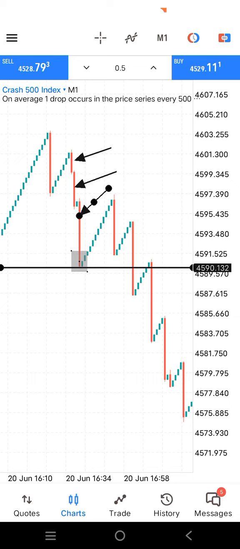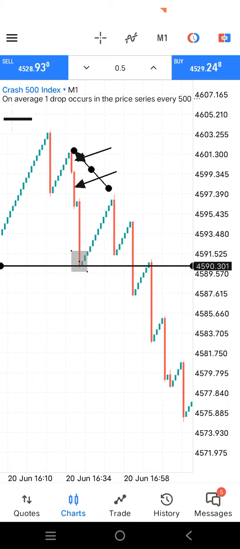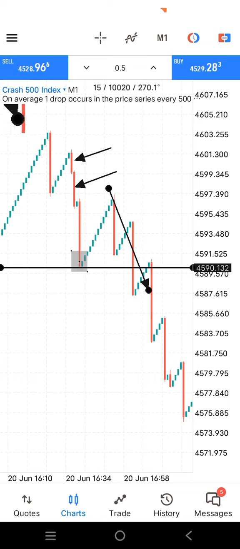After opening your trade you must have a stop loss, and your stop loss will be at the top of the first spike. Hold your trade till it comes in profit, and check it out.